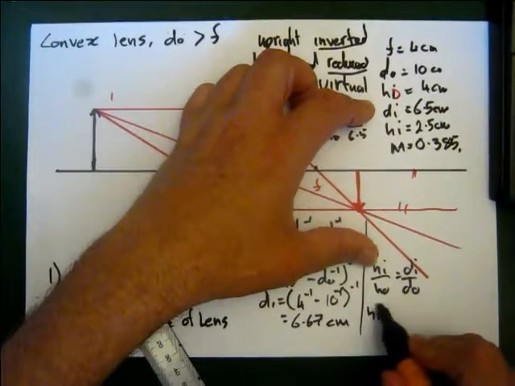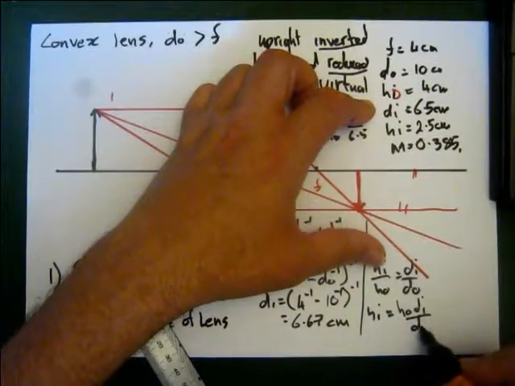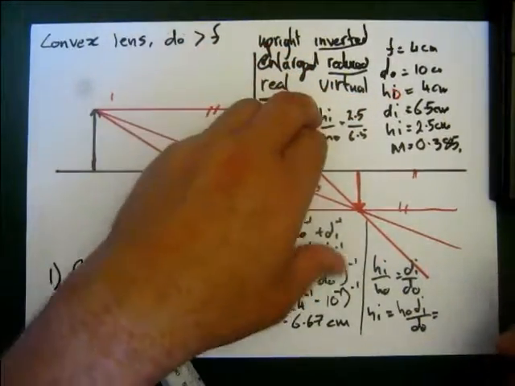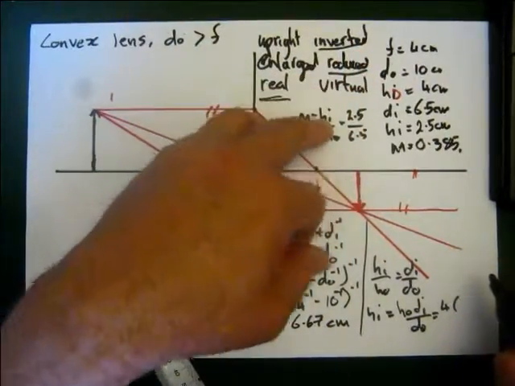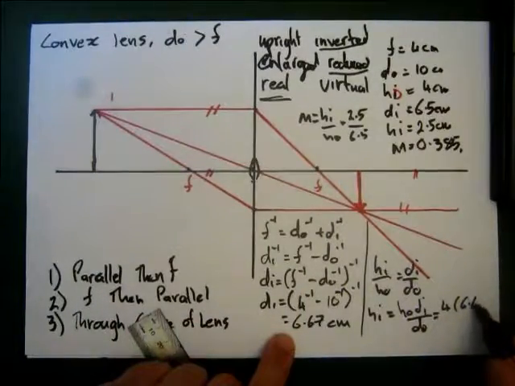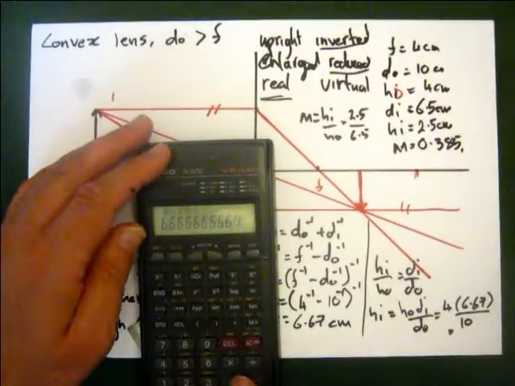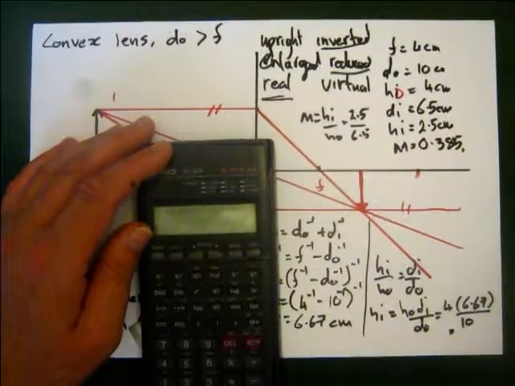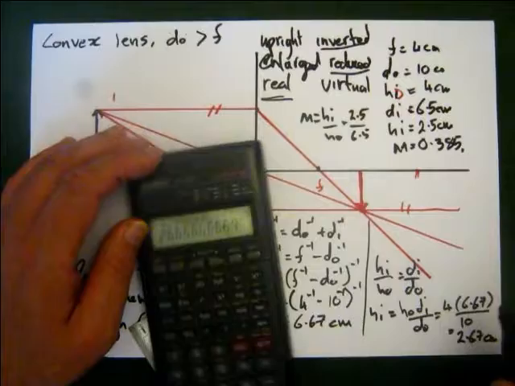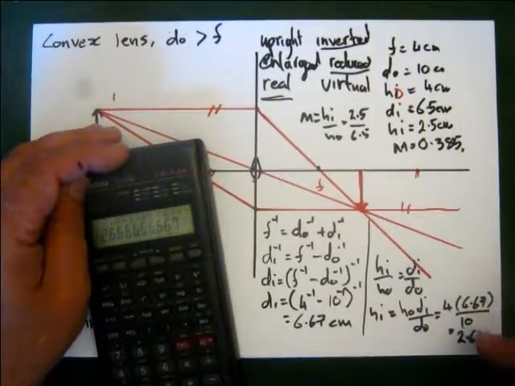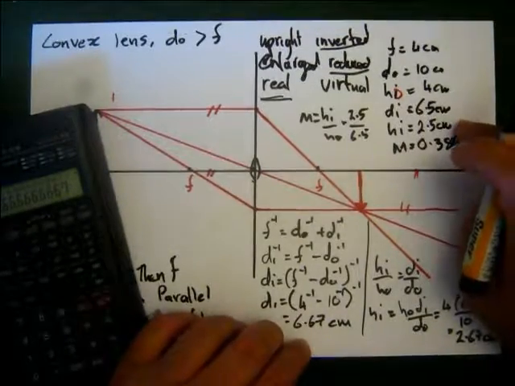So height of image equals height of object times DI over DO, which is 4 centimeters times 6.67 over 10, equals 2.67 centimeters. So this is close to the measured value, and this is going to be more accurate than this one. This was measured, this was calculated.